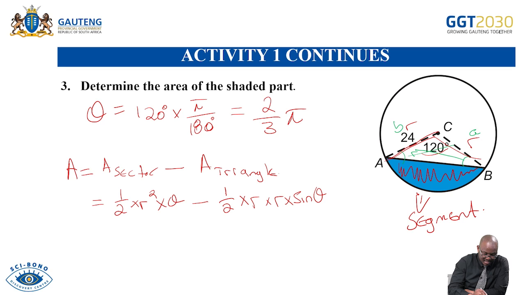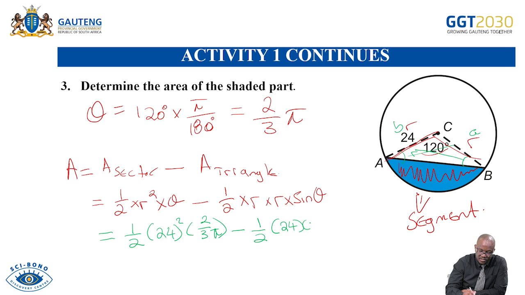So in this case, when we move forward, we want to calculate the area. We know that our R is 24 and our angle is 2 over 3 pi. Minus the area of the triangle, which is 1 over 2 into 24 and 24, so 24 squared as well, multiplied by the sine of what?